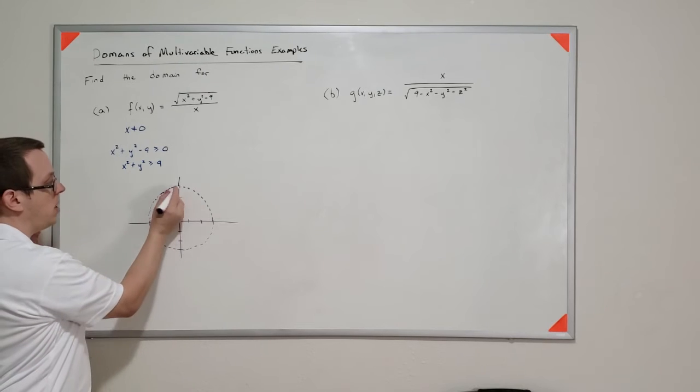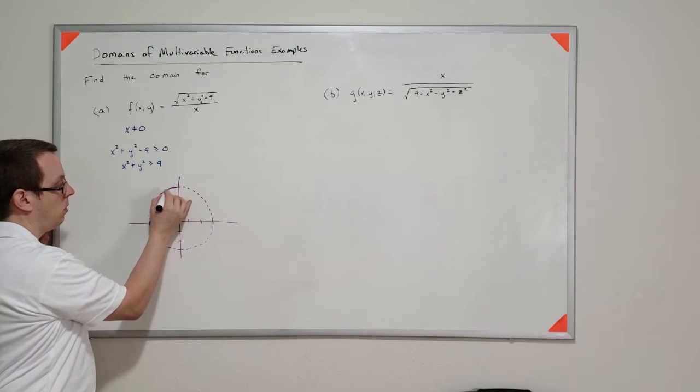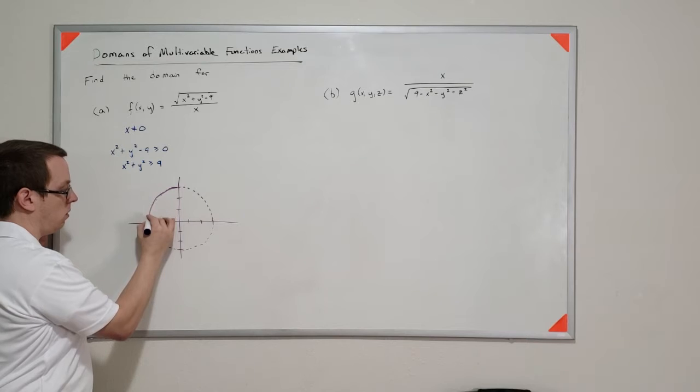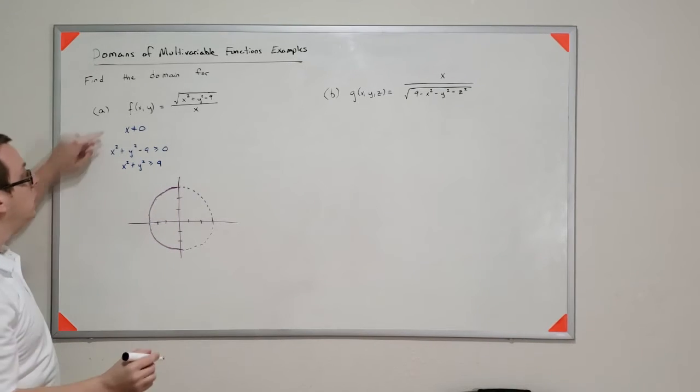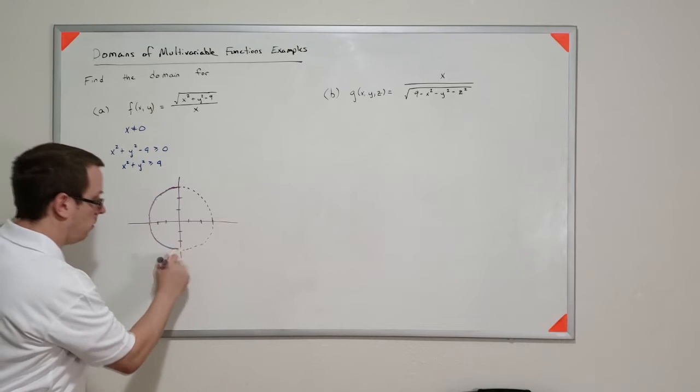We notice we can be every value on that circle except the places where x is 0.